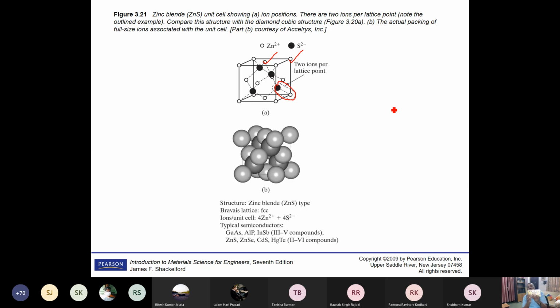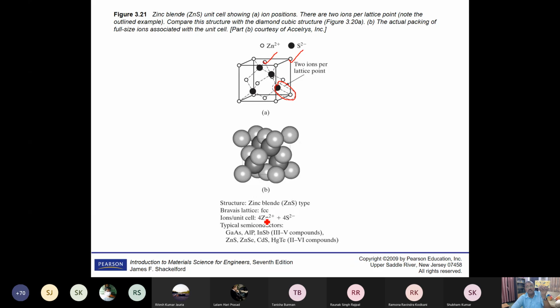I'm holding 2 unit cells of zinc blende in front of you because the compound semiconductors, which I mentioned towards the beginning of this course, like gallium arsenide, indium antimonide, like 3-5 compounds in the periodic table, or 2-6 compounds, zinc sulfide, zinc selenide, cadmium sulfide, etc., have this zinc blende type structure.